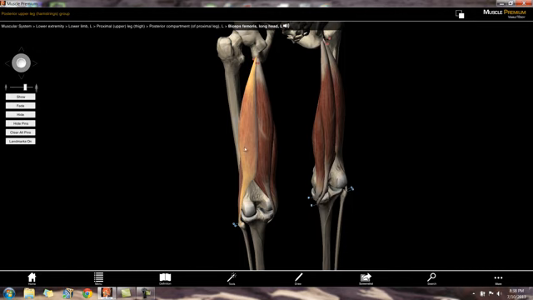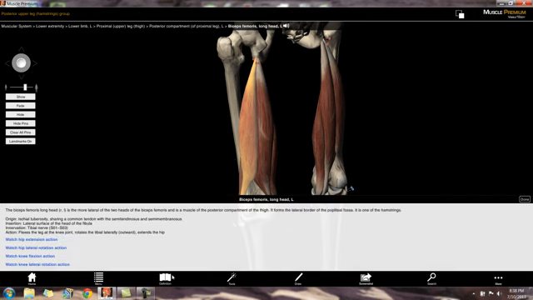So the lateralmost hamstring is the biceps femoris. And the biceps femoris originates on the ischial tuberosity, shares a common tendon with the other two along that attachment, and inserts on the lateral surface of the fibula.